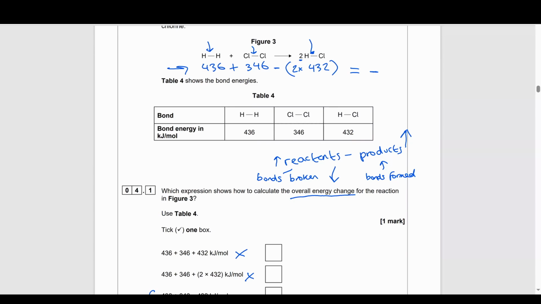So that means that the energy that's going to be transferred when we're forming these bonds is going to be greater than the energy that's transferred when the bonds are broken. And that is the reason for an exothermic reaction.